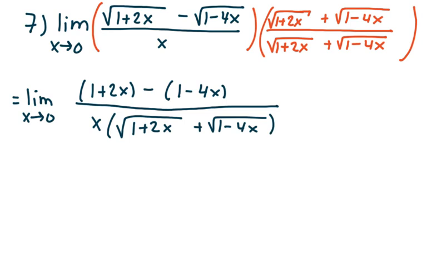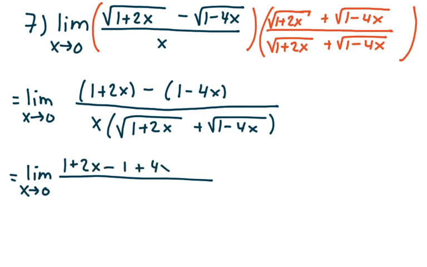Okay? And so this is equal to the limit as x goes to 0 of 1 plus 2x minus 1 plus 4x, divided by x times the square root of 1 plus 2x plus the square root of 1 minus 4x.